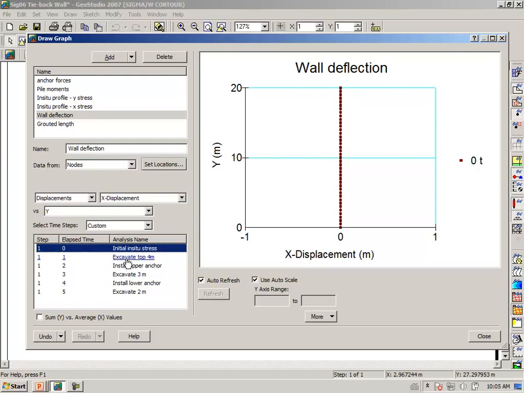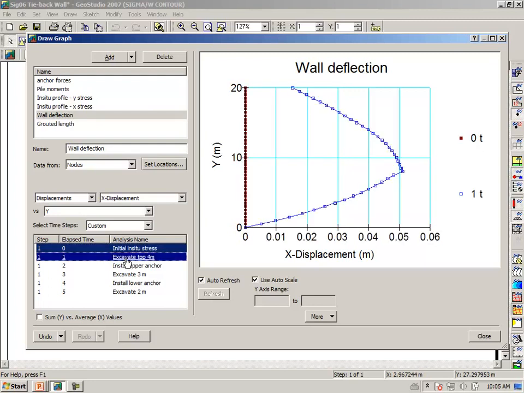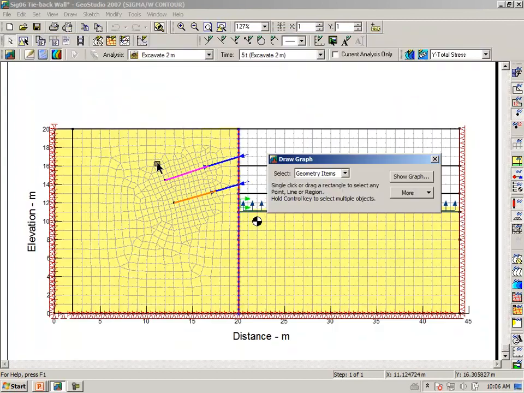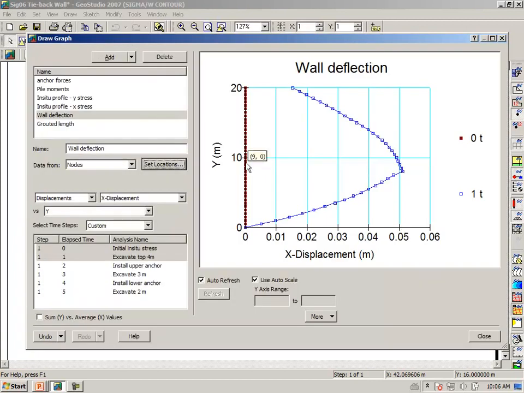Holding down the control key, this is the wall deflection when the first 4 meters was excavated. This profile is all the way from the ground surface down to the bottom of the problem. So the base of the excavation was somewhere here at 4 meters.